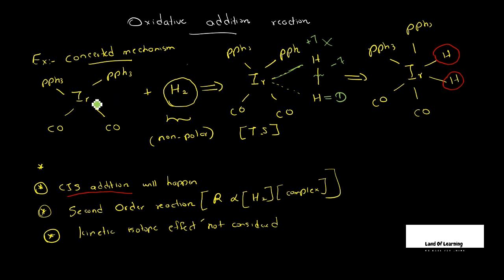If you calculate the oxidation state on iridium on here and here, you will see, let's say this is at 0 state. When you calculate the oxidation state at this place, you will see it's +2. Always in oxidative addition reactions, the oxidation state will be increased by 2 units, always.